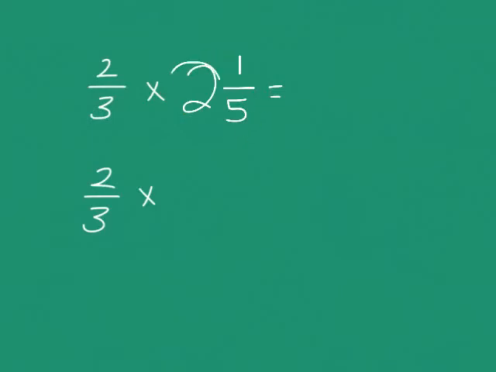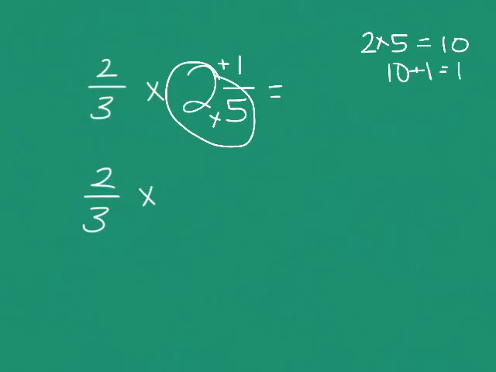So first, we are going to do 2 times 5, and that gives us 10. Then we add the numerator. So 10 plus 1 is 11. So 11 is in our numerator. Our denominator stays the same.